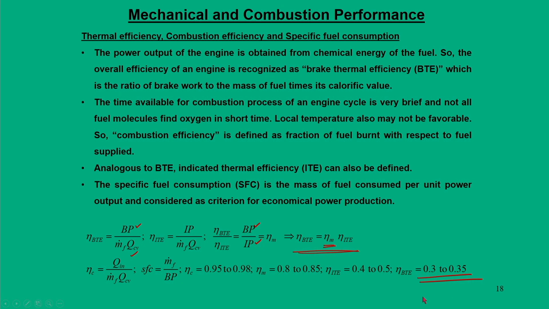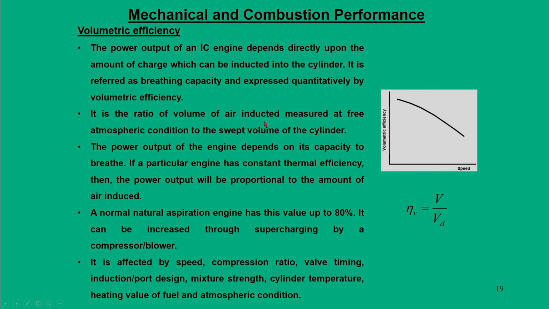In other words, we are actually converting about 30% of the fuel energy. In another terminology, we are going to talk about volumetric efficiency, which is defined as the ratio of the volume of air inducted to the displacement volume, or swept volume, of the engine.